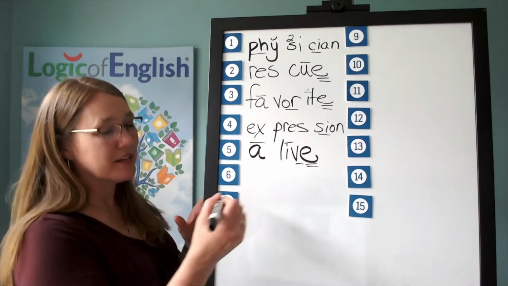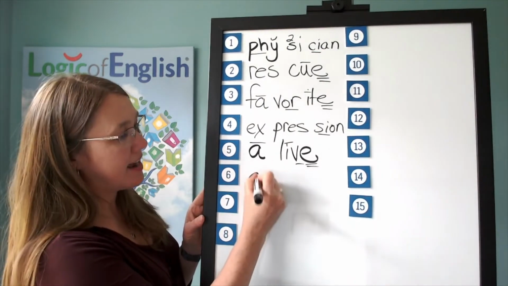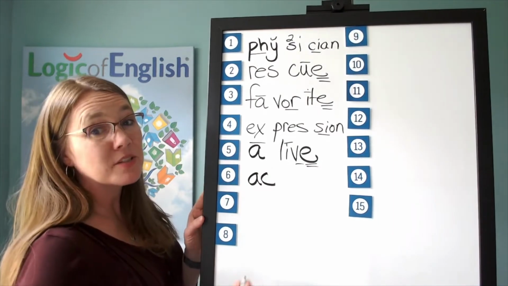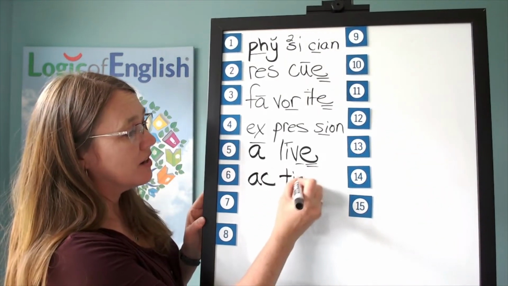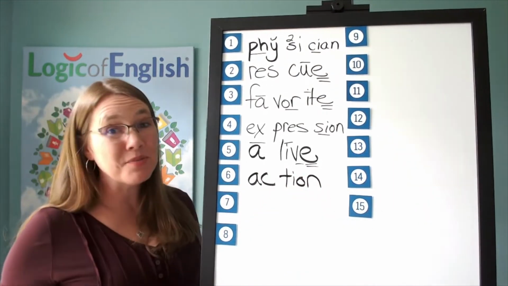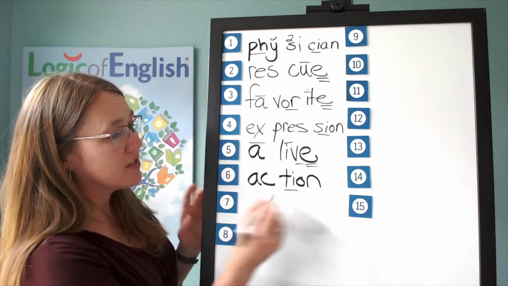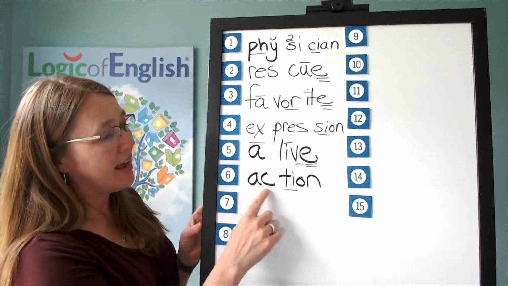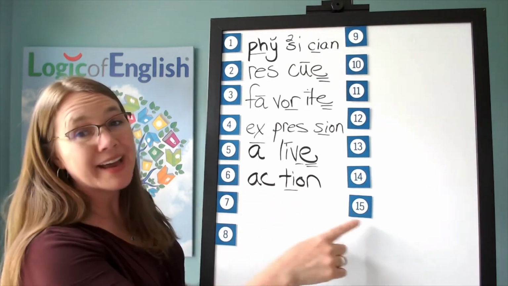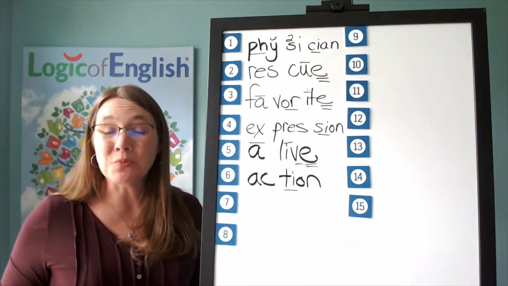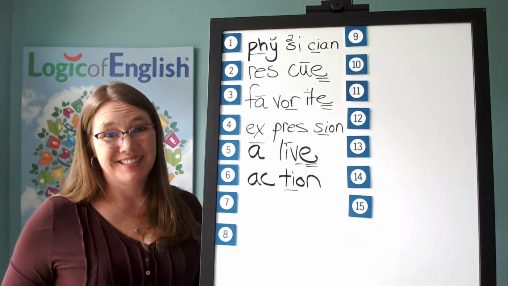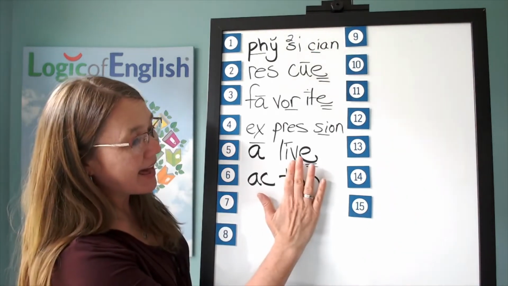Excellent. Now help me write it. The first syllable is ak. Ak. The second syllable is shan. Sh. N. And how will we mark it? We'll underline the sh. Let's read it. Action. Action. Now, what is the root of action? You're right, it's act.